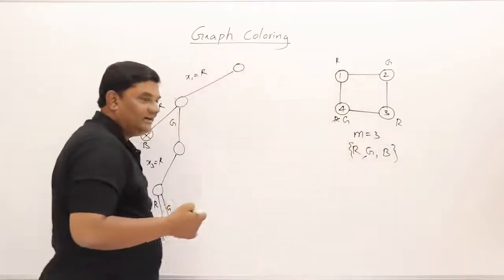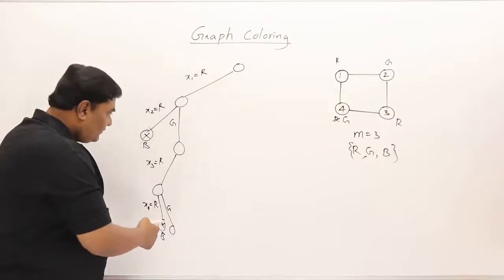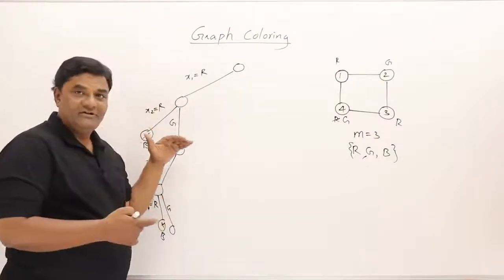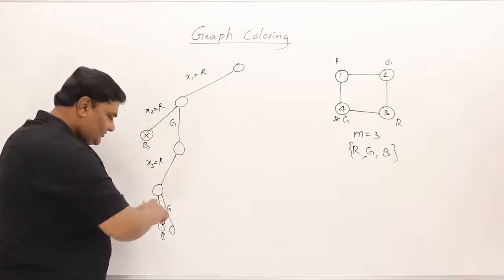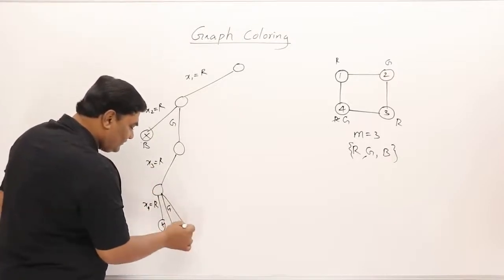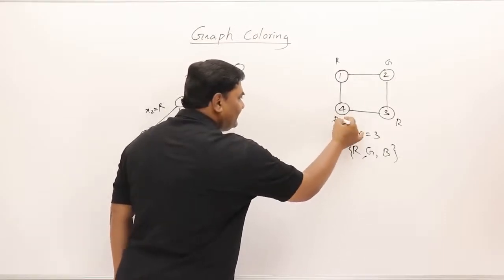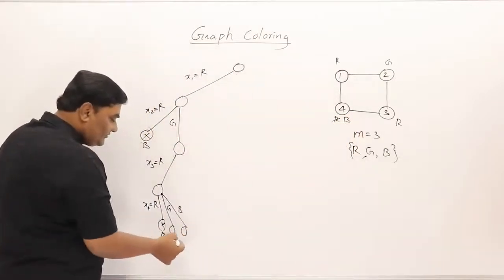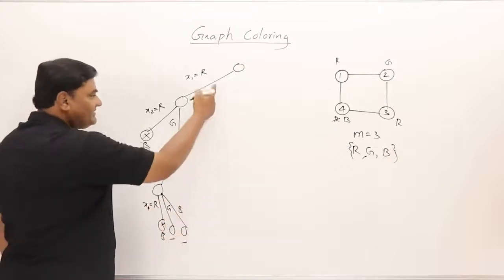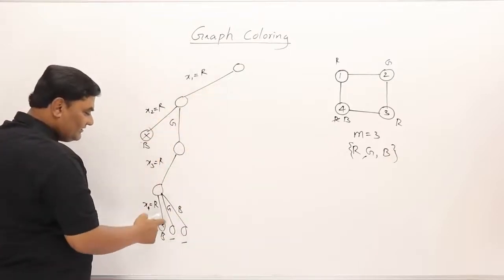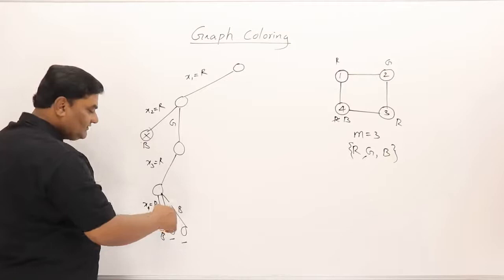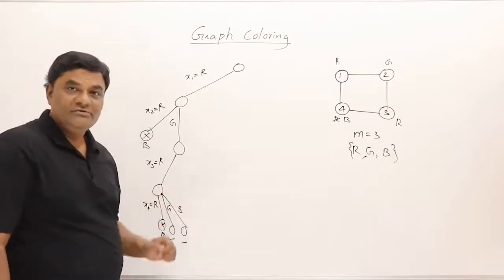Now, see, it is like depth first search. We are at this stage. So next I should try another color also, that is blue color. Can I give blue color to this one? Yes, I can give blue color also. So these are two solutions: red, green, red, green, and red, green, red, blue. I have two solutions like this.